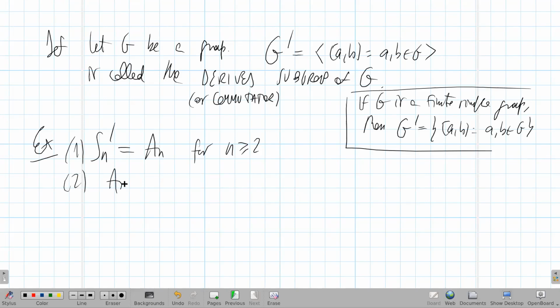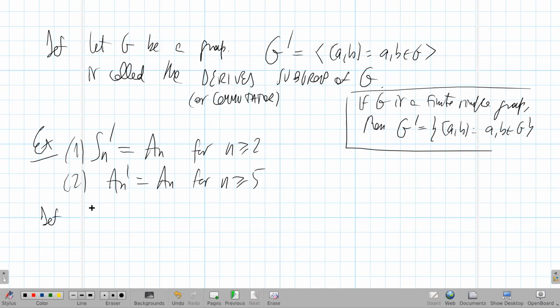And also the derived subgroup of An equals An, but here you need n to be at least 5. There are some hints on how to do it in the notes. Good, so I have defined the derived subgroup.